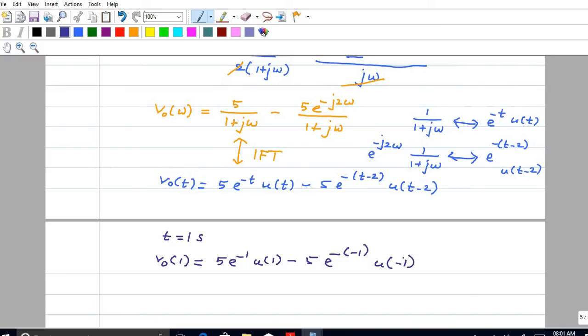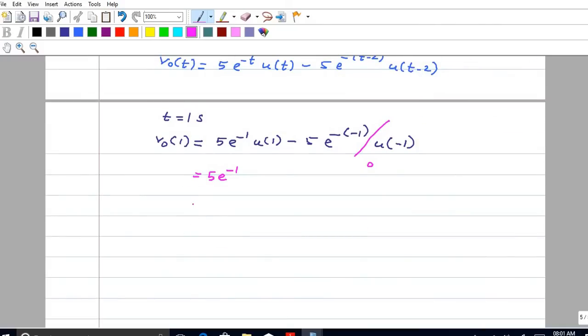We know that u of minus 1 is 0. So the entire second term is 0. u of 1 is 1. So this is just 5 e power minus 1. You can stop here or use your calculators and find out this value. This turns out to be 1.839 volts.